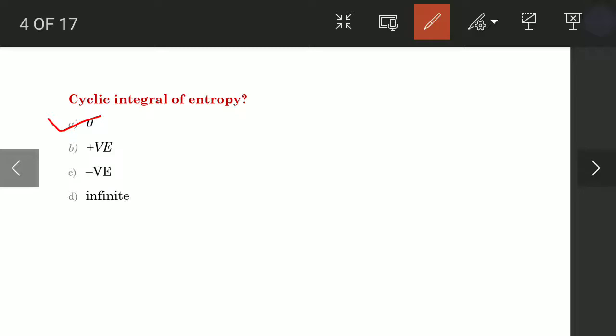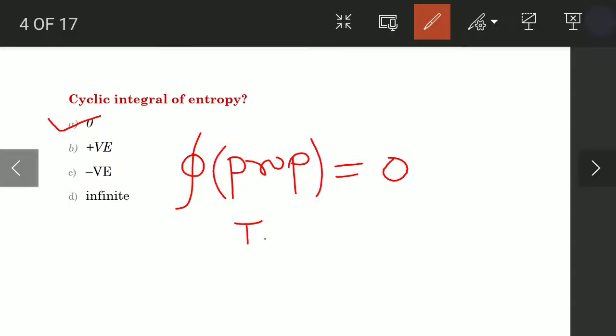And here you can remember one thing: the cyclic integral of any property is 0. Just note it down. This property may be temperature, pressure, enthalpy, entropy, internal energy, any property.